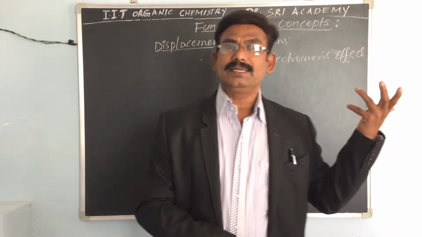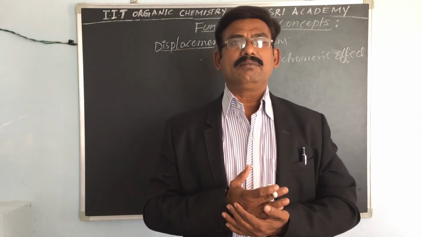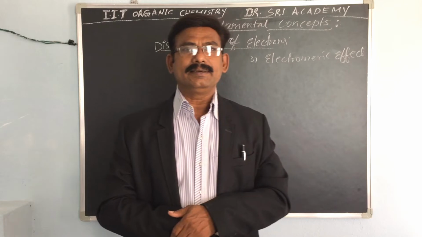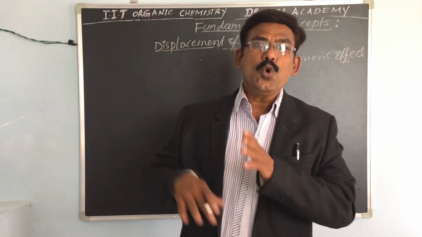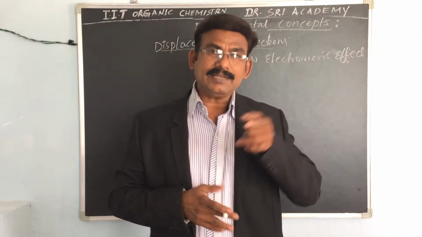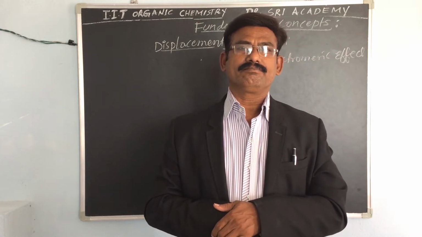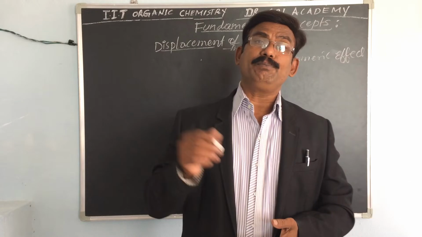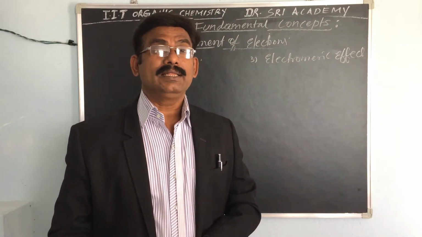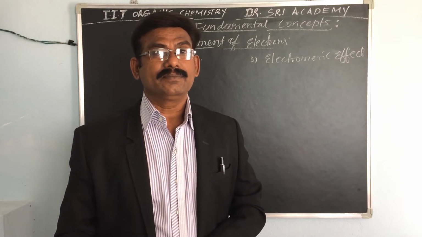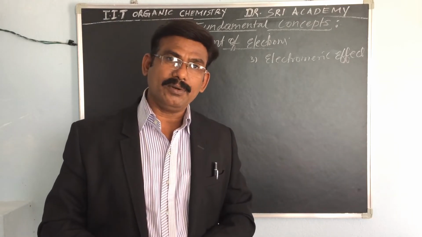It means the complete transfer of the shared pair of electrons of a multiple carbon bond to one of the atoms in the presence of a reagent is called electromagnetic effect. If we take an example, then we can understand. The best example is the addition of acid to alkenes.